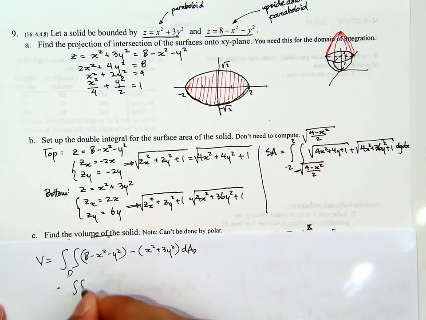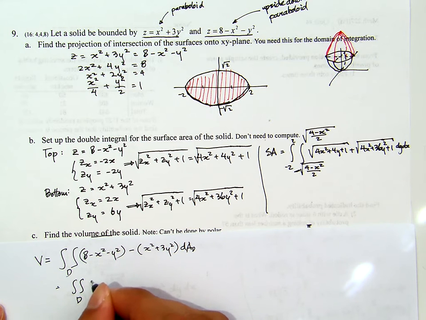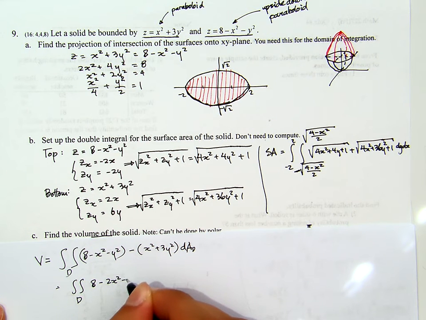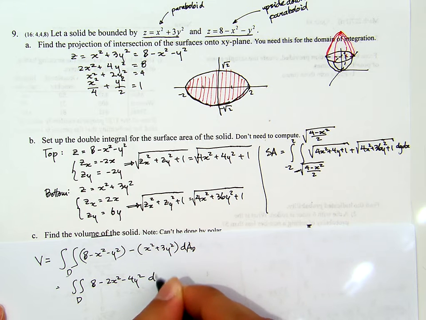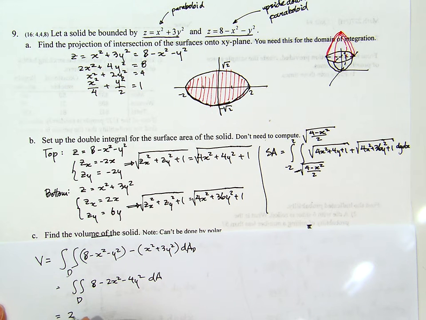If I simplify that, I get the integral of 8 minus 2x squared minus 4y squared dA, which I can factorize the 2 out.